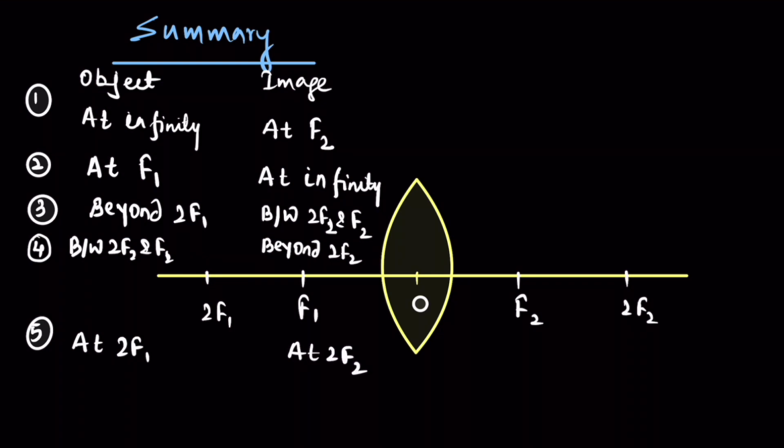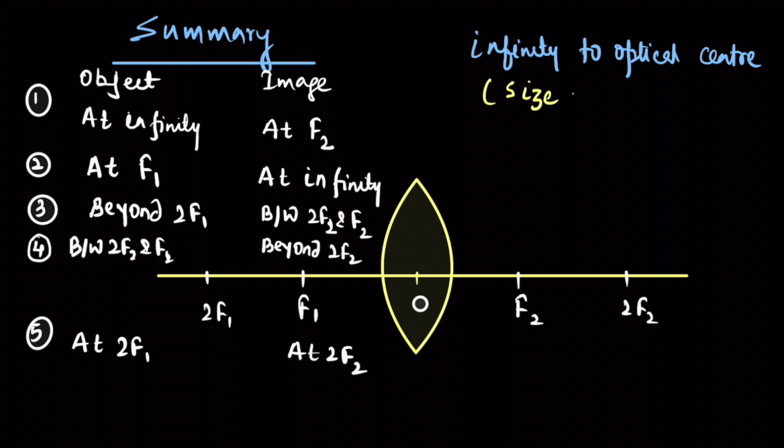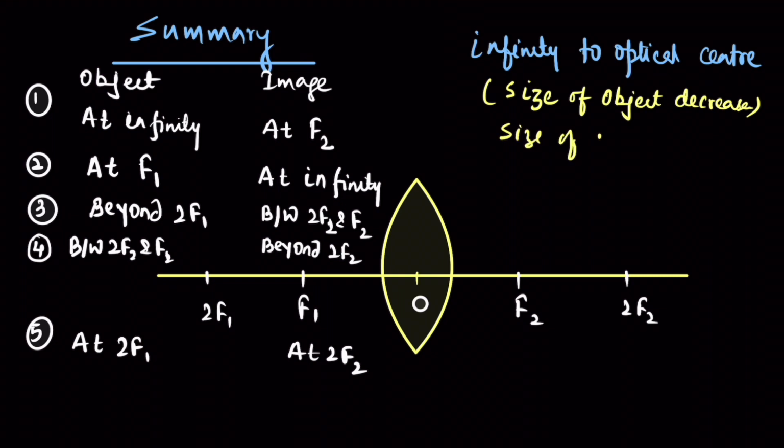This is one part. Second is, what about the size? When we are going from infinity to the optical center, then the size of object decreases. In reverse, you can say that size of image increases.